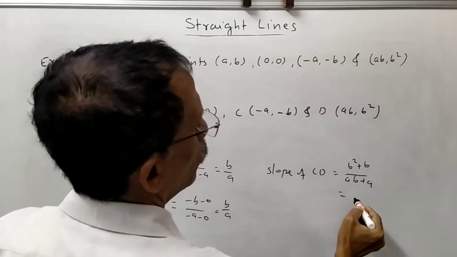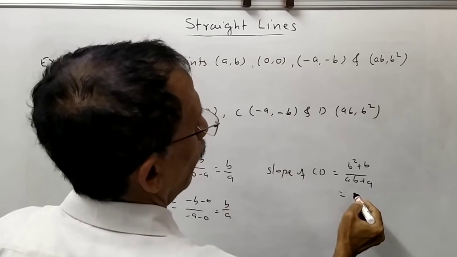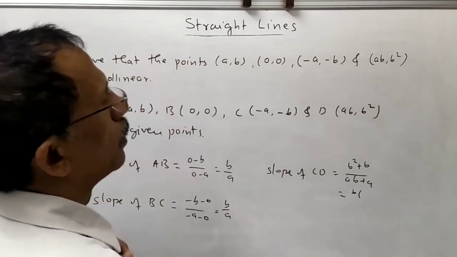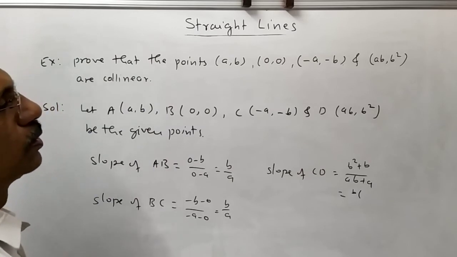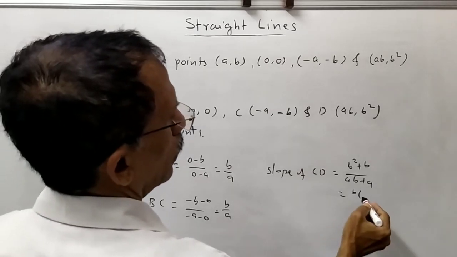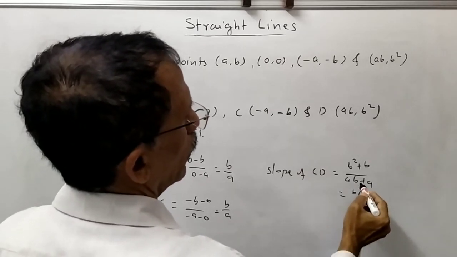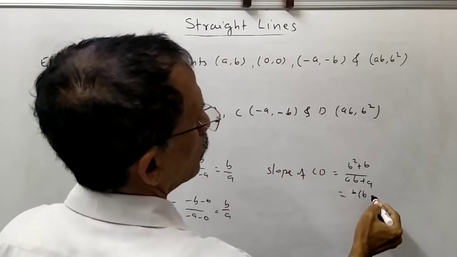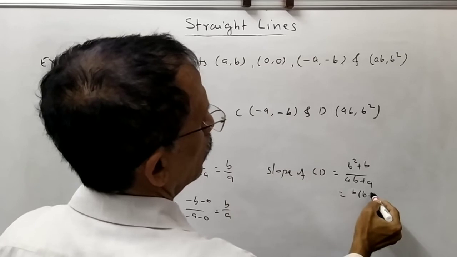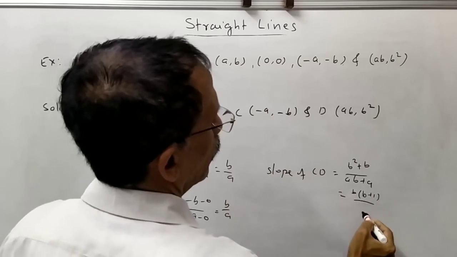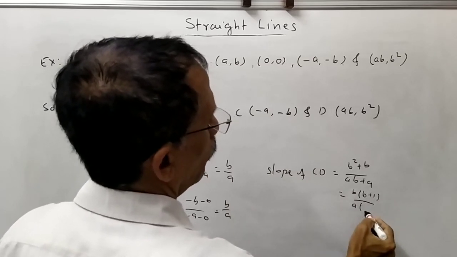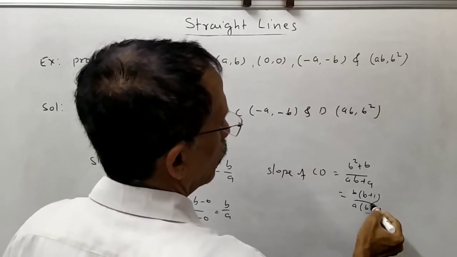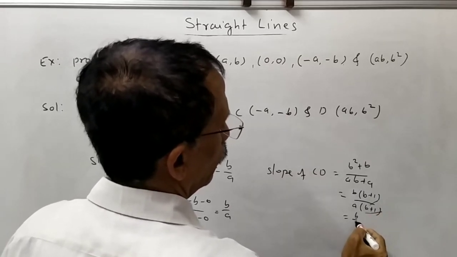Taking b common from the numerator, we get b into (b plus 1). Taking a common from the denominator, we get a into (a plus 1). This is equal to b by a.